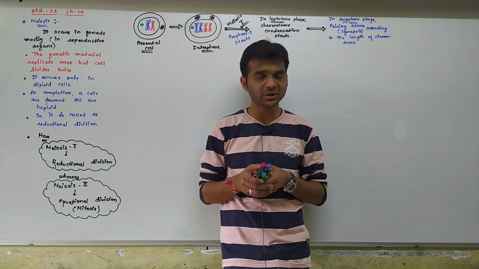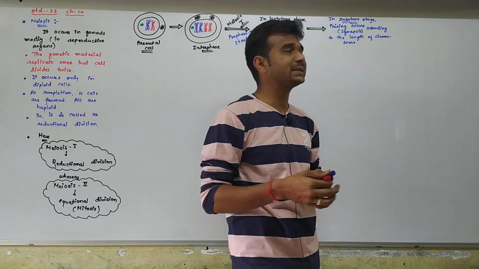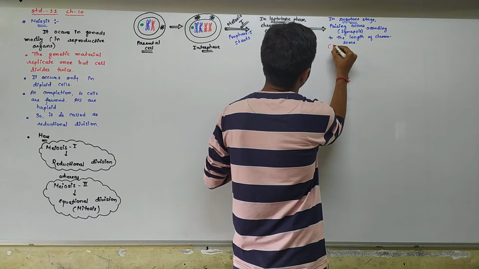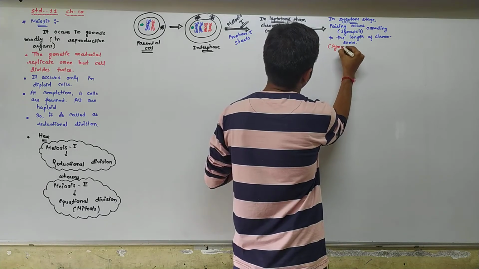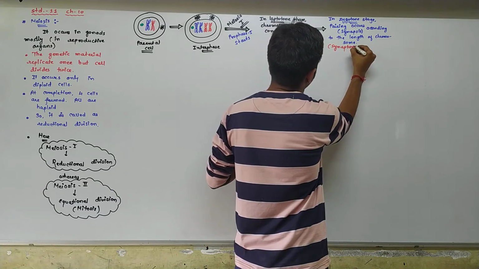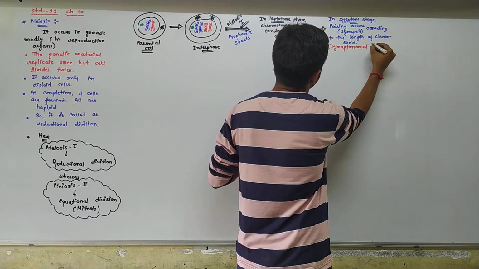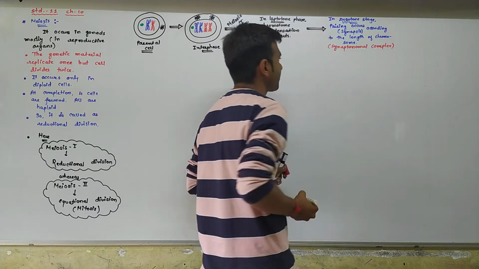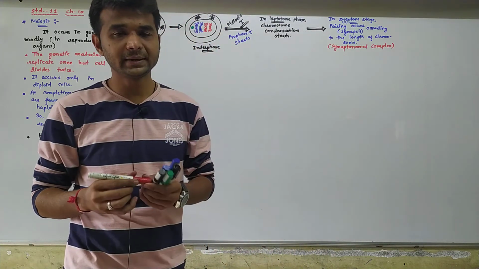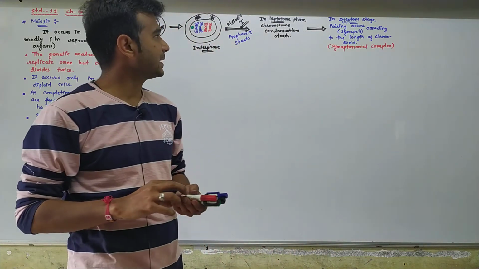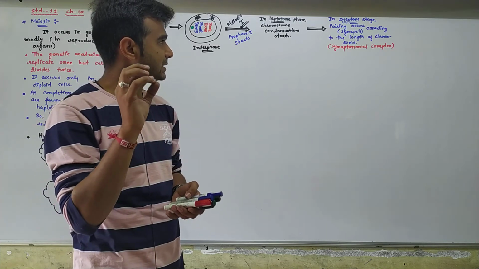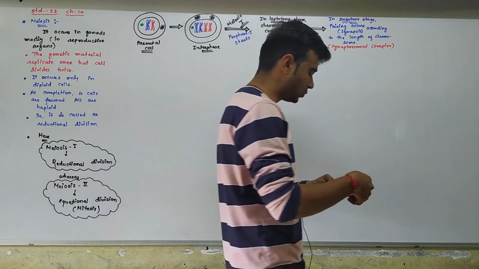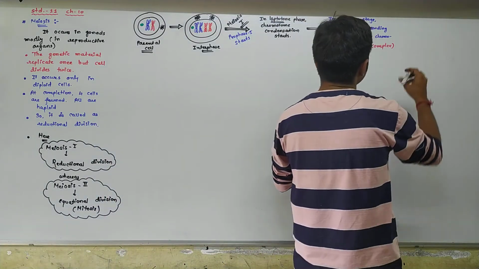And a complex structure is formed, known as the synaptonemal complex. The synaptonemal complex is formed in zygotene, so this is a very important point. Now move to the next point.